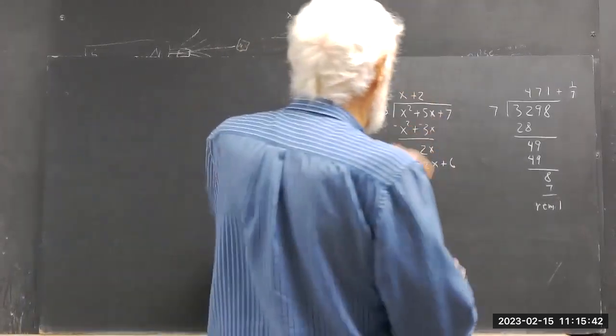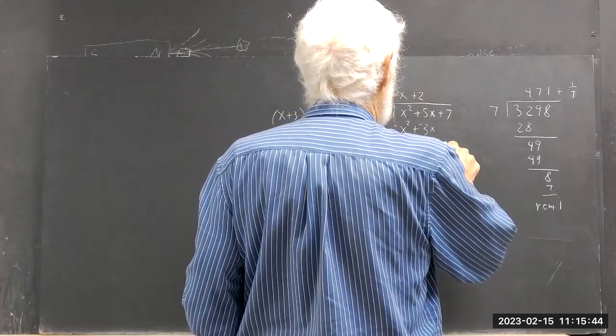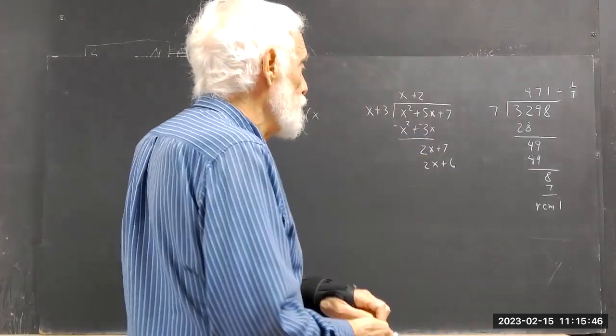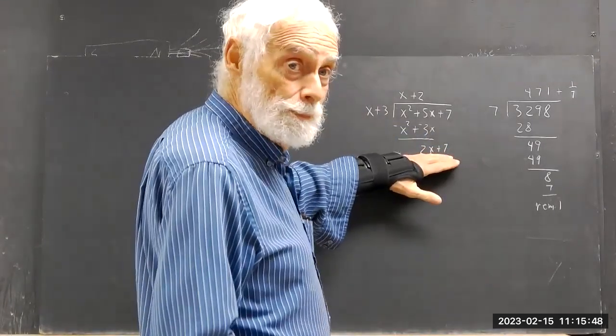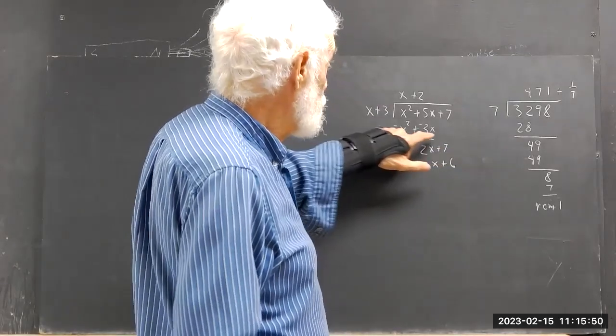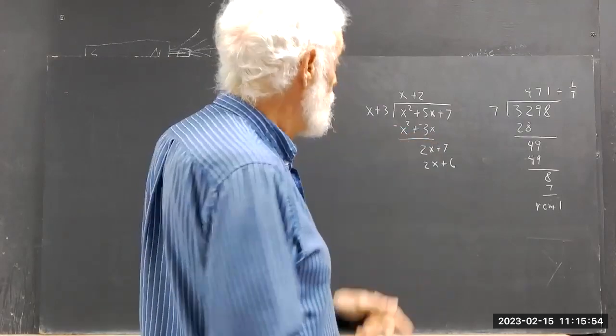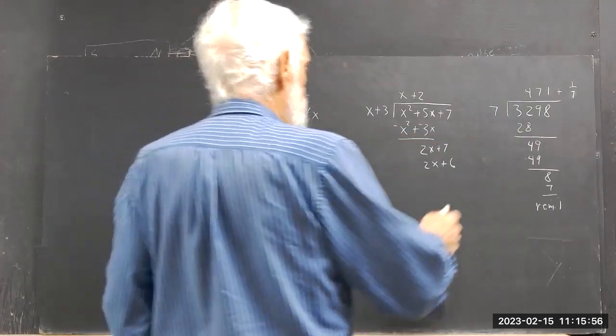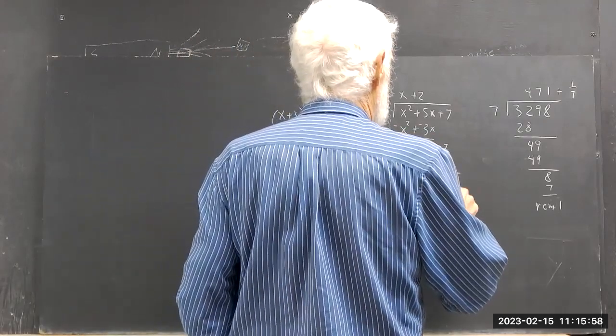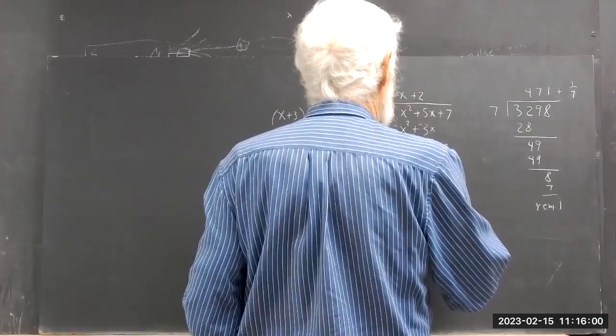Now, I bring down that 7, because 2x plus 7 is what I still need when I subtract this x squared plus 3x. I subtract this and I end up with a remainder of 1.